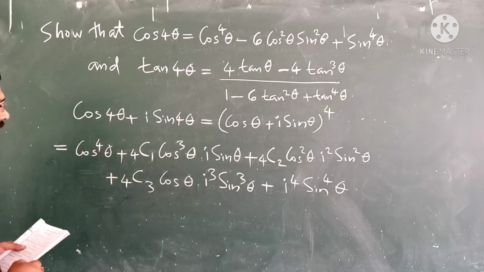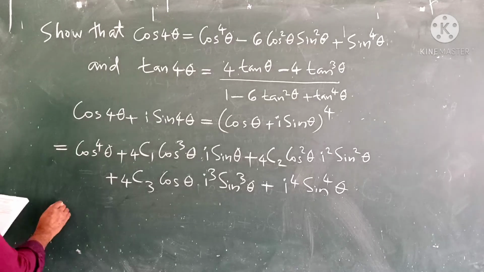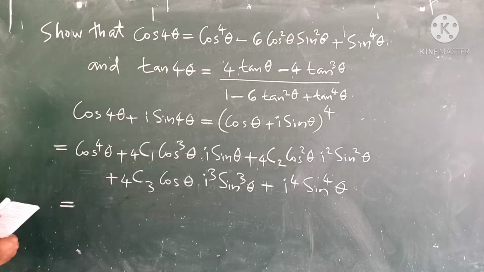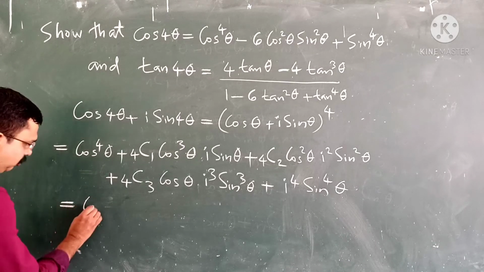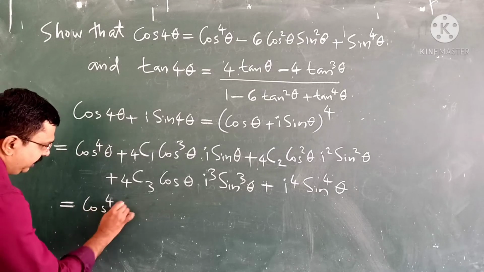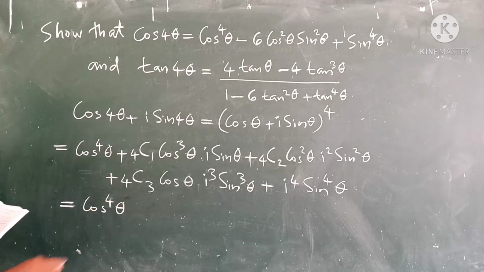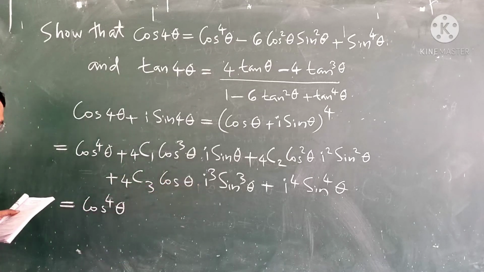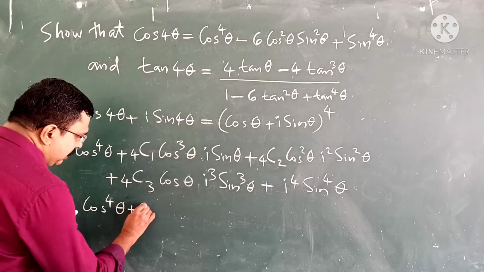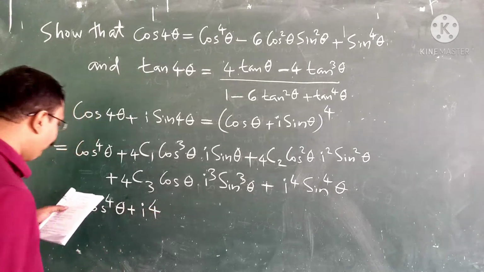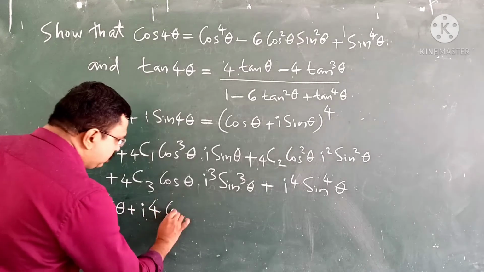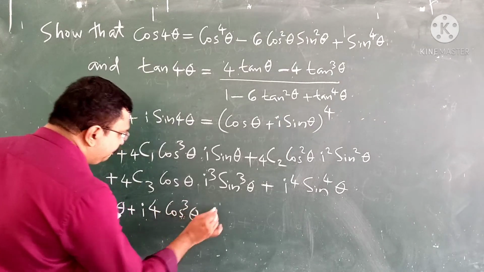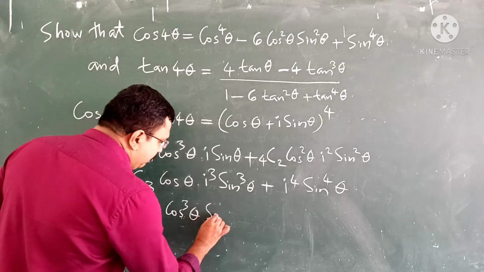Now we can write this is equal to cos⁴θ. Next is 4C1 into i, that is plus i into 4 cos³θ sin θ.